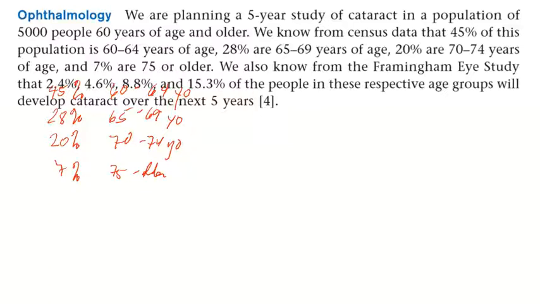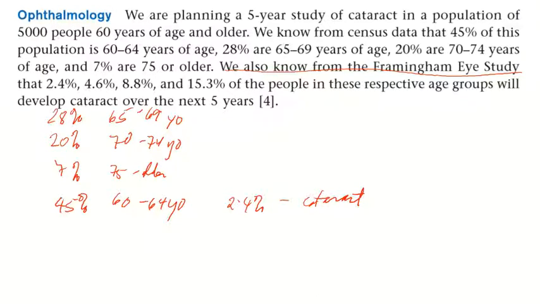Okay, so how are we going to work on this? Well, first of all, let me just transfer the 45% here at the bottom. So we know from the second statement that we read here that 2.4% of the first age group, the 45% age group, will develop cataract in the next 5 years. And I transfer that here at the bottom, so I'm going to write here, 2.4% of this age group will get cataract.